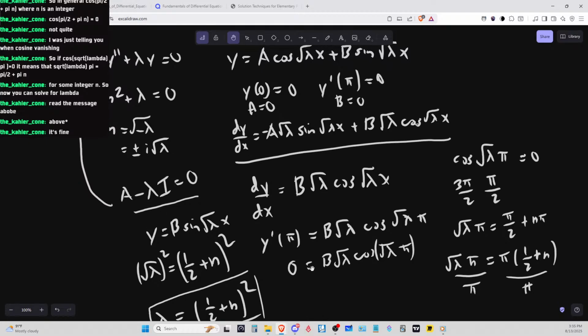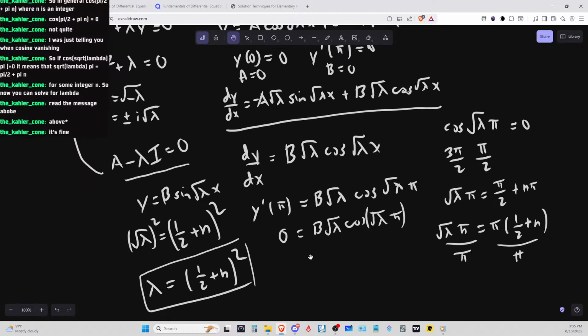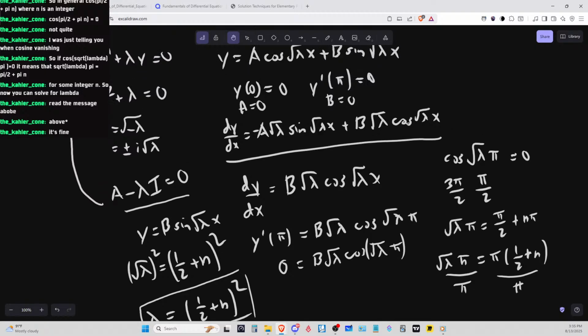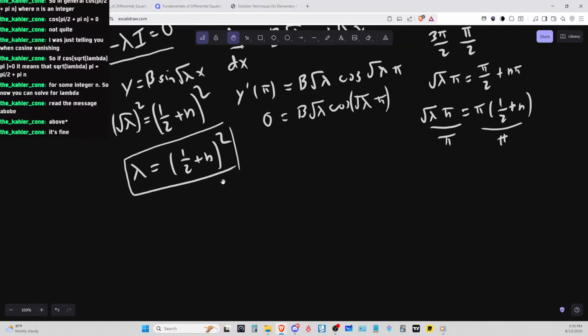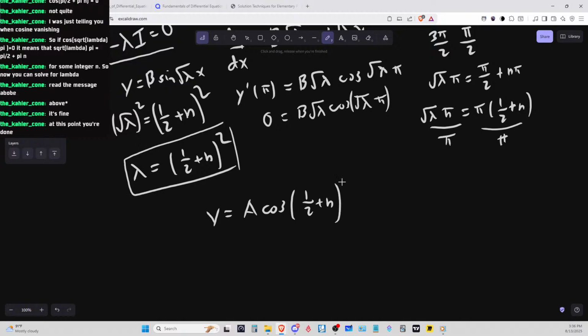Now we have to actually solve for a and b. That's going to be quite a feat. So a plus, well, technically we can just write this. Yeah, we can just technically write this.